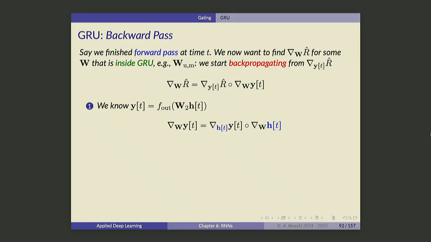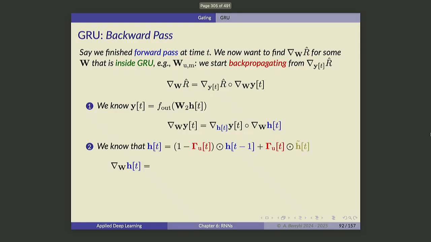So the gradient with respect to weight is the gradient with respect to the hidden state that I have here times the gradient of the hidden state with respect to the weights that I want. And the weight that I'm right now targeting is something inside the gate, so it's not this weight. If I wanted to compute with respect to that weight, I would stop here. If I want to go further, I can write down the chain rule more and more. So what is the next term?